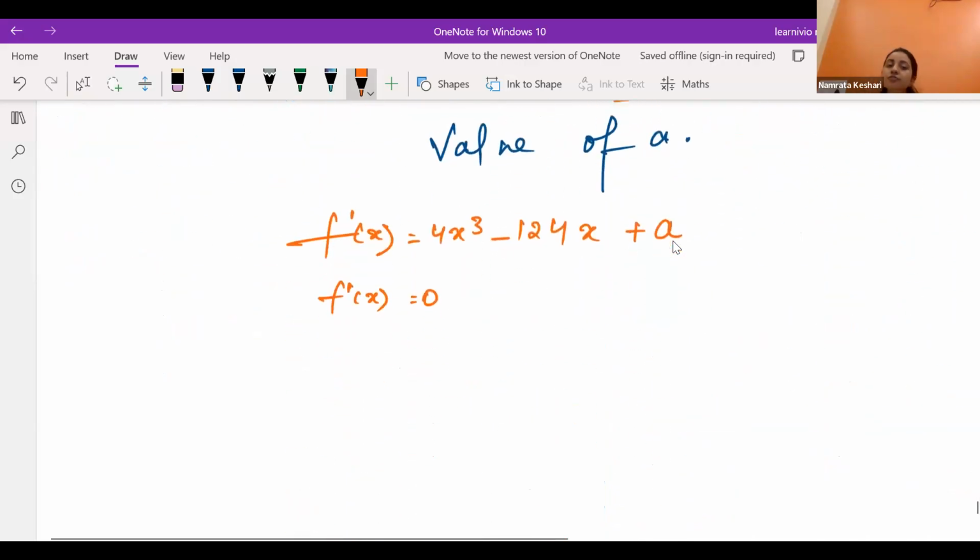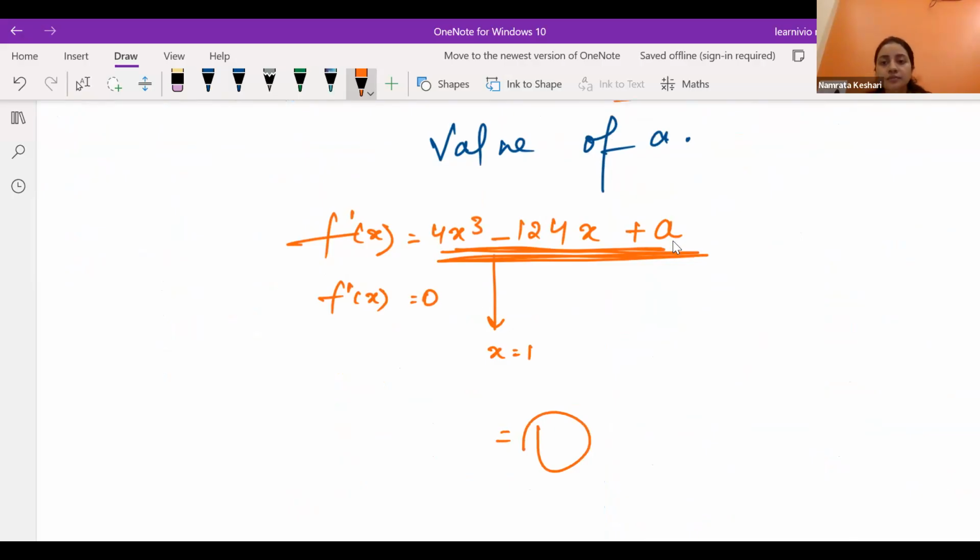Yes, ma'am. If 1 is the critical point, that means in this f dash x, if we substitute 1 in place of x, our output will become 0, right? Yes, ma'am. So from here we are getting the idea that f dash 1 will be 0. Yes or no?